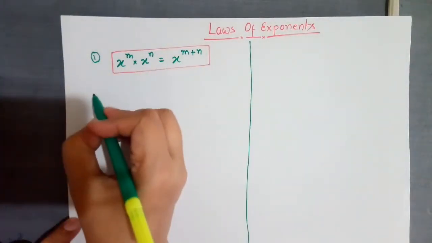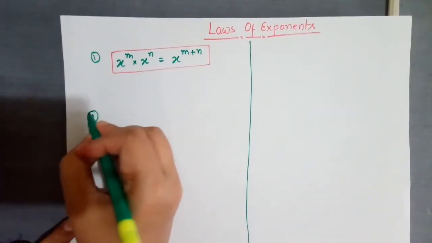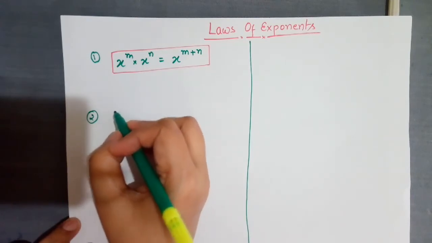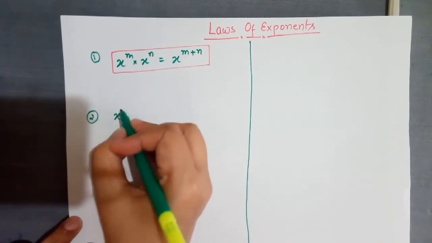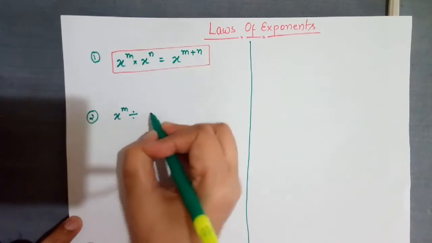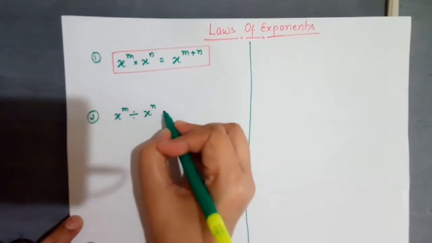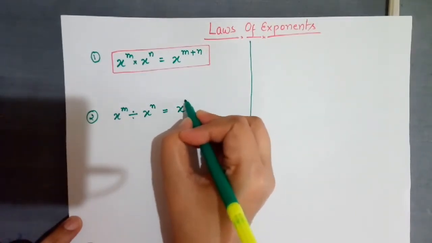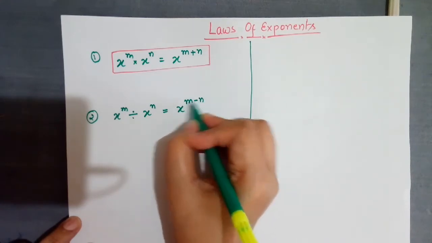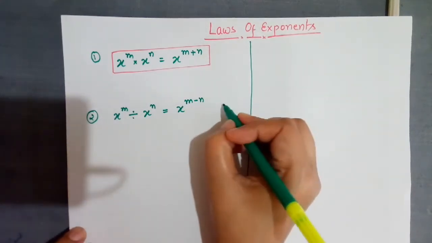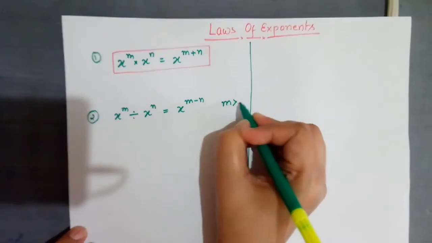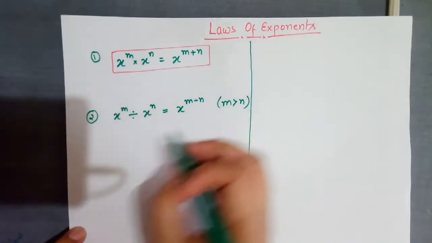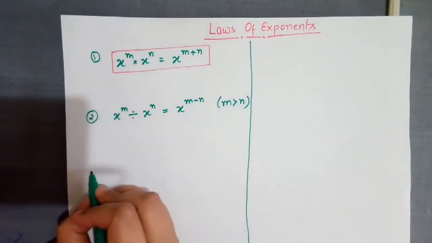Now, the second one. Law of division. x to the power m divided by x to the power n will become x to the power m minus n. The powers will subtract in division. Here m should be greater than n. This is the condition here. This is the second law.